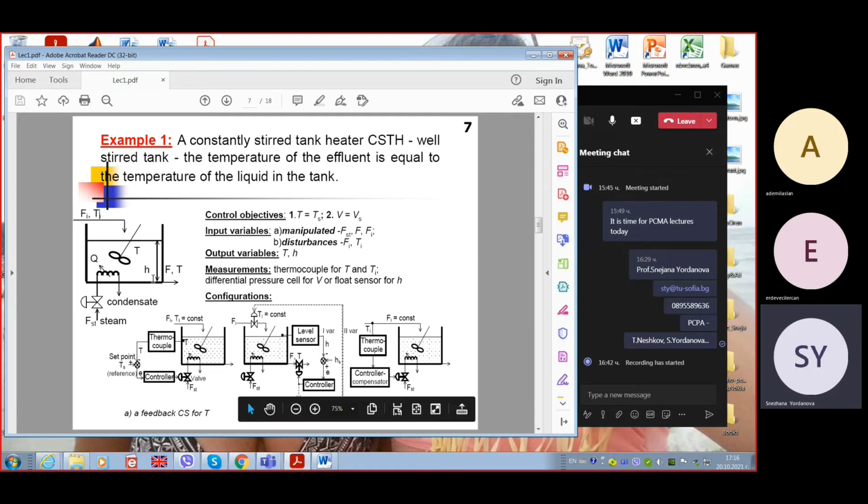So how do we control this level? We control the level when we measure it and compare with the desired level. The difference, called system error, is input to a controller, and depending on the error and its sign, the controller opens more or closes more the outflow, preserving more liquid inside.